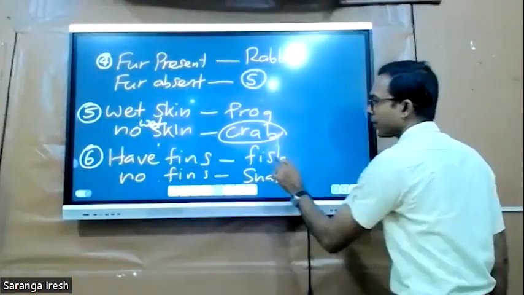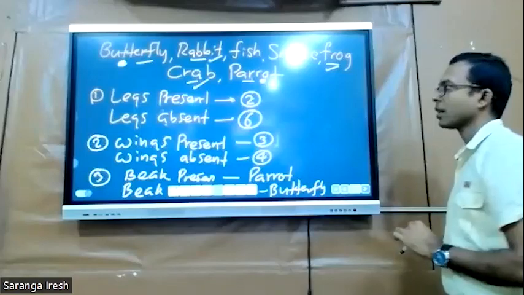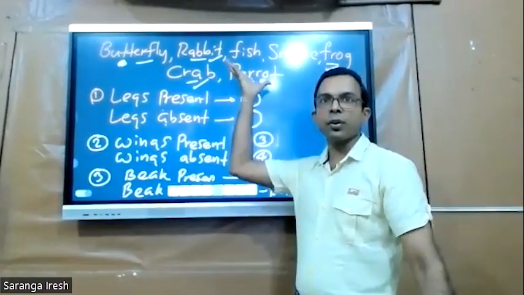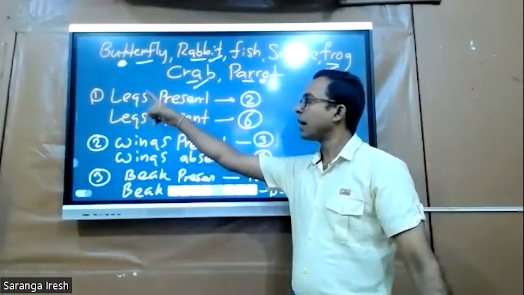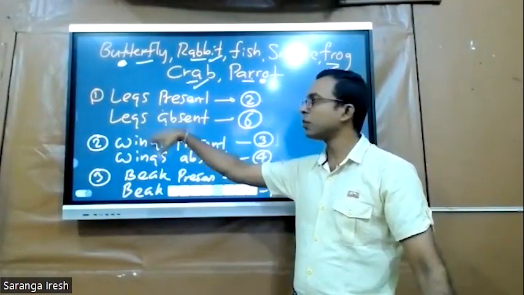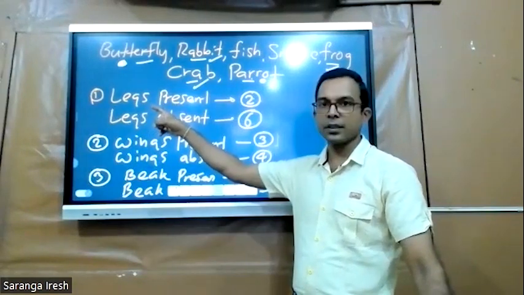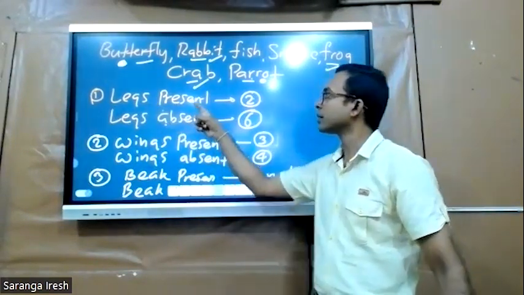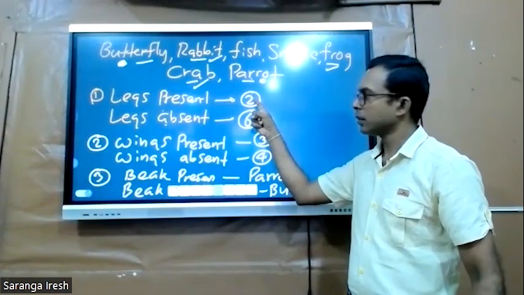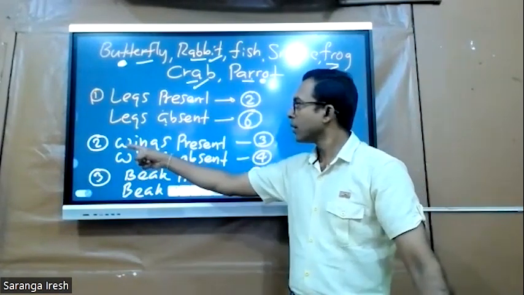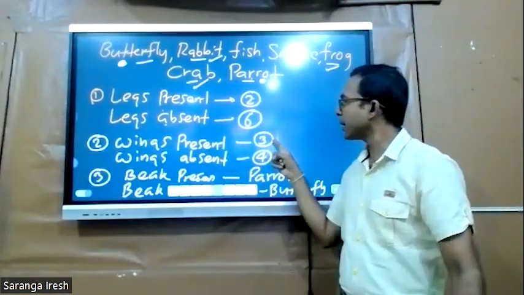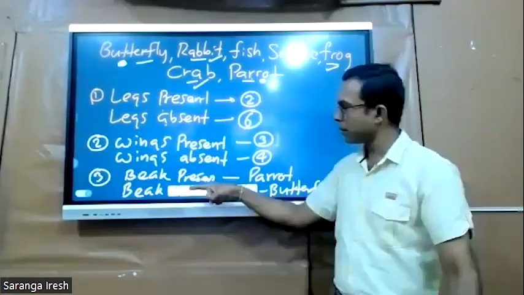Have fins, no fins: fish and snake. See how to read this. I have a list of organisms. Now I am going to classify them using 2 statements. First statement, legs present organisms are classified under number 2. Then wings present, legs present with wings, is classified under number 3.